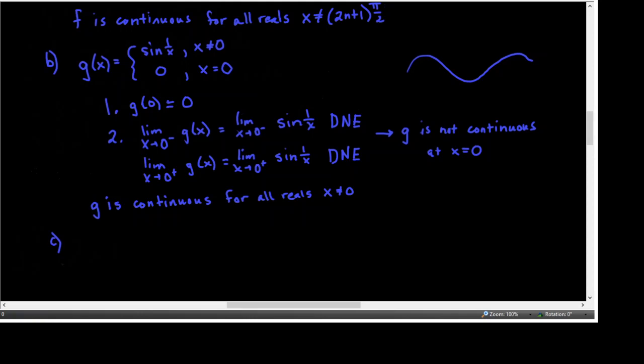All right. Then C, h of x is equal to another piecewise function, x times sine of 1 over x, for x not equal to 0, and h is equal to 0 when x is 0.